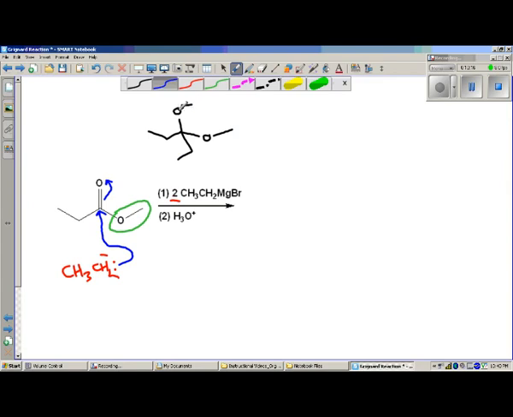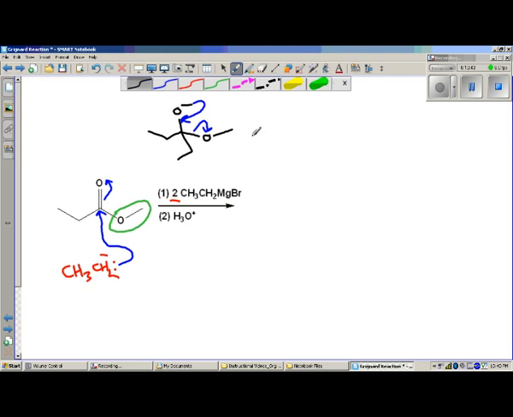One thing you'll see is that whenever you form an alkoxide O- like this, it always has 2 choices. It can either protonate, or it'll do something else before it protonates if it can. And that is take the electrons back down to the carbonyl and kick out a leaving group if there is one present. And in this case, there is one present, which is this.